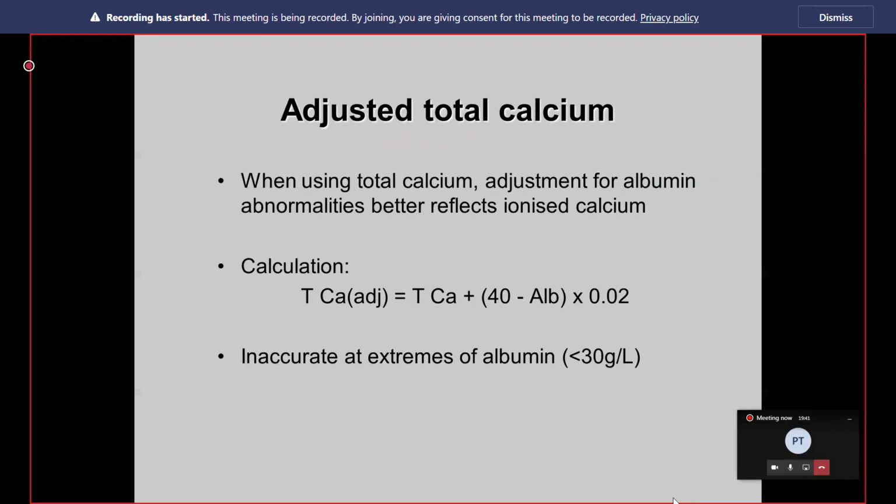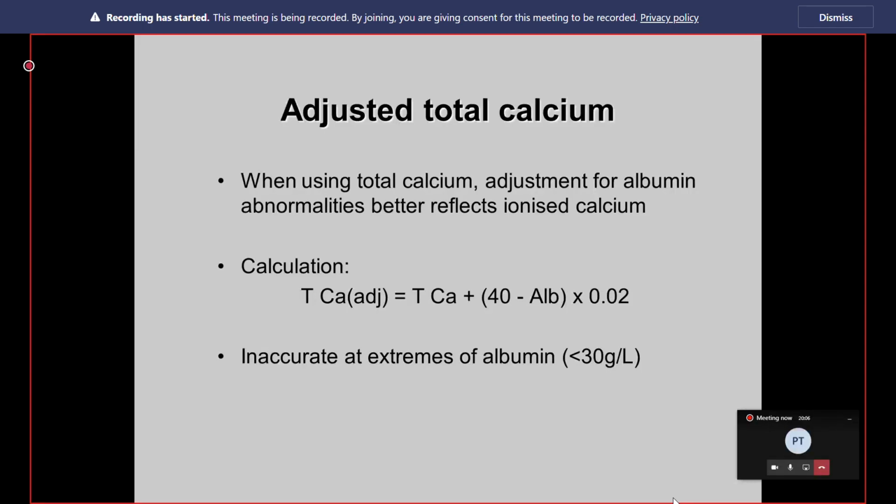When we measure total calcium and report it, we adjust it for the albumin concentration, because albumin is the main protein that binds calcium, and that's to give a reflection of the ionized calcium, so that the adjusted total calcium reflects ionized calcium status better than unadjusted total calcium.